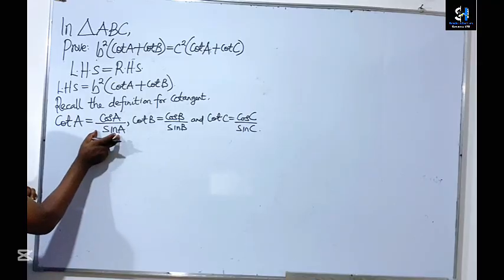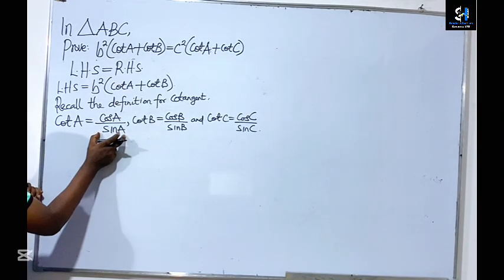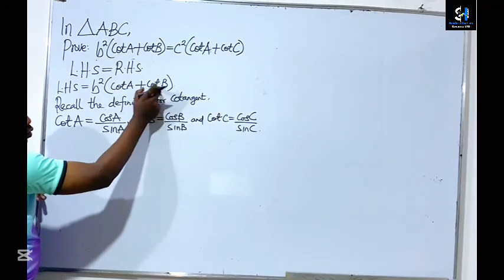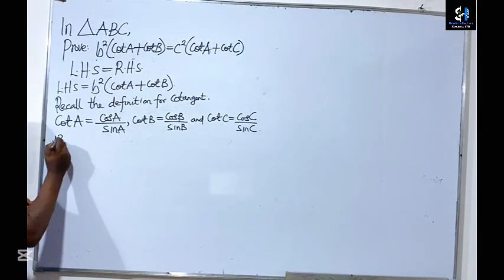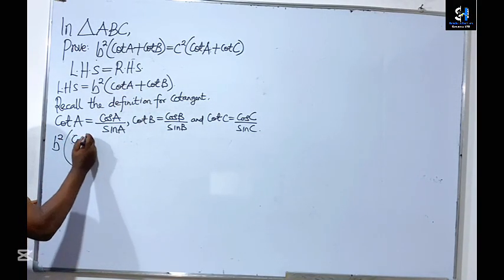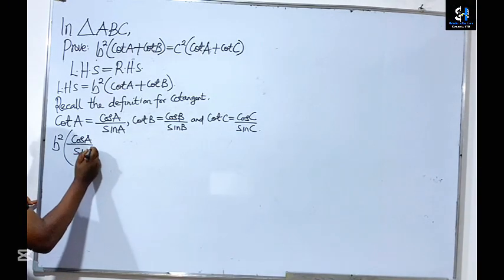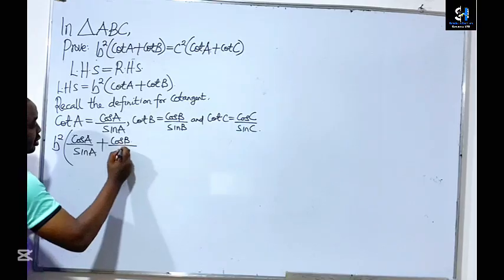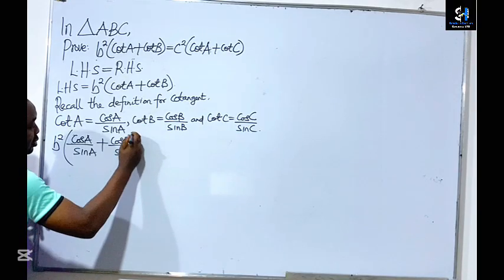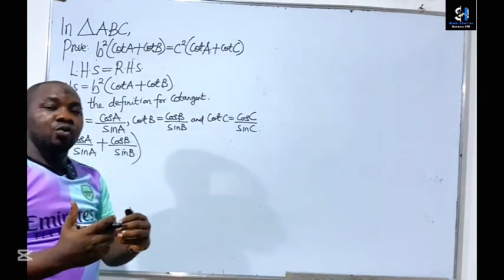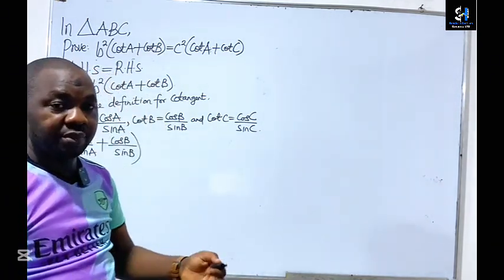Now we can substitute cos A divided by sine A for cot A, and cos B divided by sine B for cot B, so that we have b squared (cos A divided by sine A plus cos B divided by sine B). Now this is where we perform algebraic multiplication.